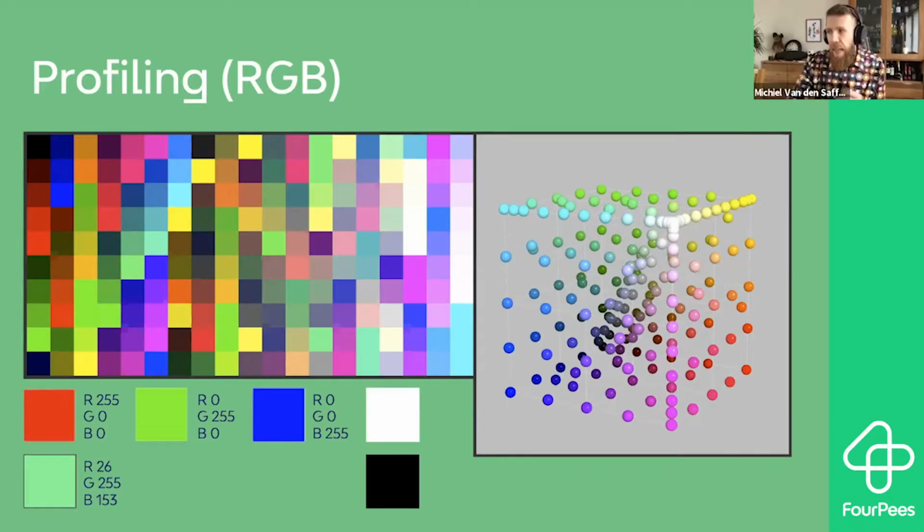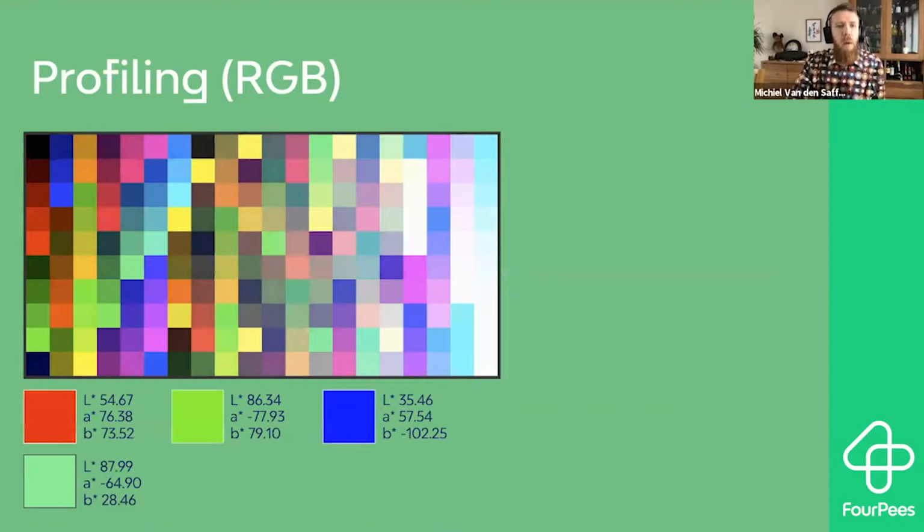It doesn't mean that they have any weight behind it. We have to measure them first. So when I use my spectrophotometer and I measure the spectral reflectance or the color emitted by my screen for each of those patches, I can match up the RGB primaries with LAB results.